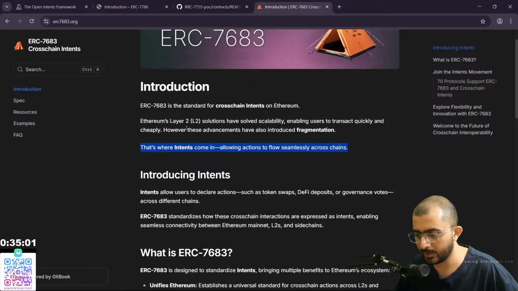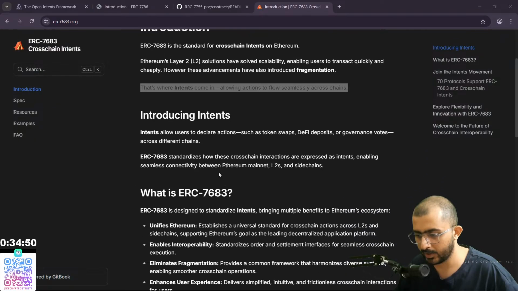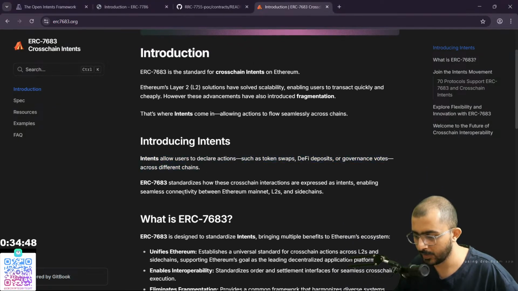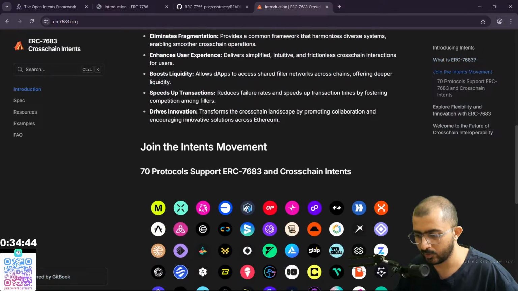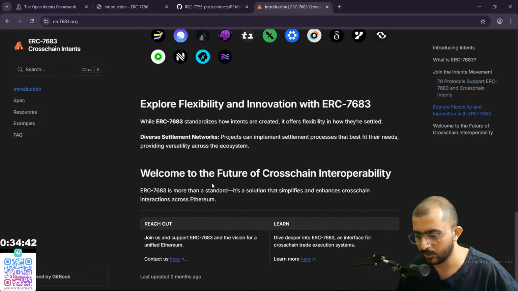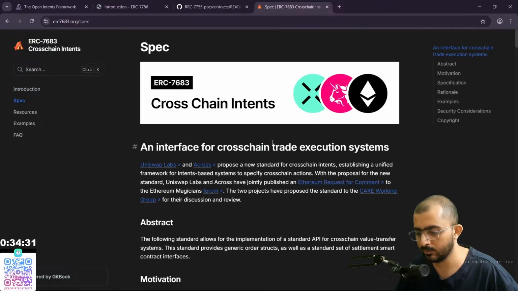It just tells what we talked about in the blog. Same thing. What is intent? Everything else we know already. Okay, let's go to the specification.